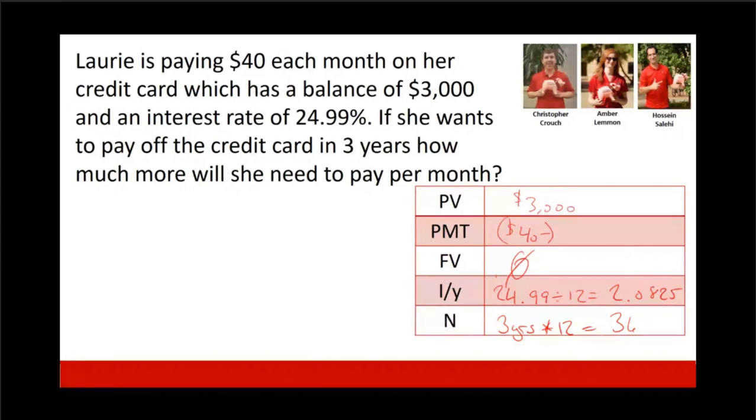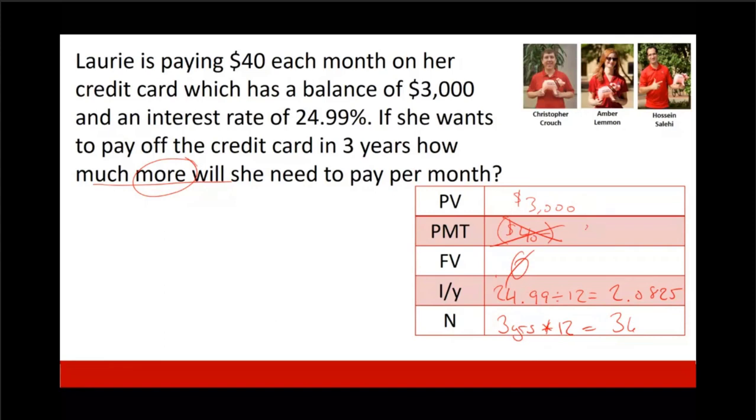Now, do you see what's wrong? Just forget about the payment and just solve for it. Right, we want to know how much more she's going to pay per month. So in order to figure out how much more we need to pay, first we have to figure out how much she has to pay in total, right? If we put in this $40, we can't solve anything. So we have to take out the 40 and solve this.